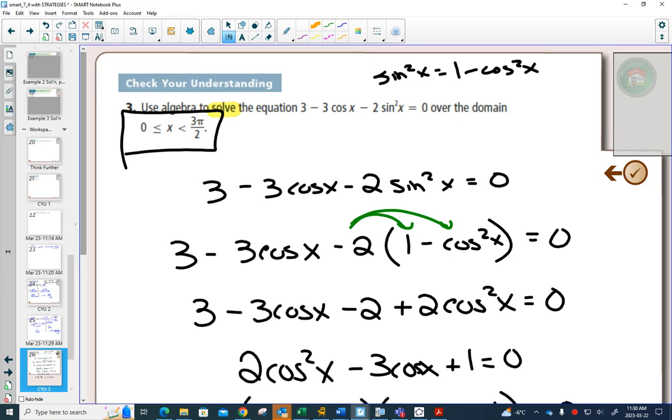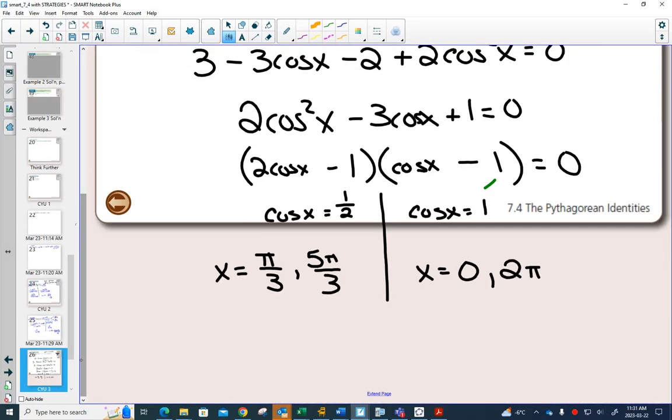Can you see that that cuts out quadrant 4? So we're going to go back to our answers. 2 pi is not included, because we're only going up to 3 pi over 2. Also, 5 pi over 3 is in quadrant 4. We would have to take that answer out as well. So our only answers are 0 and pi over 3.